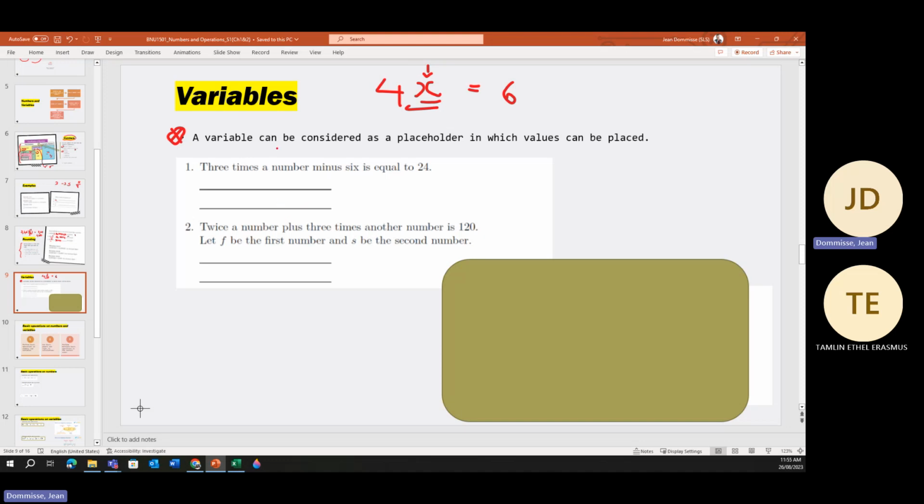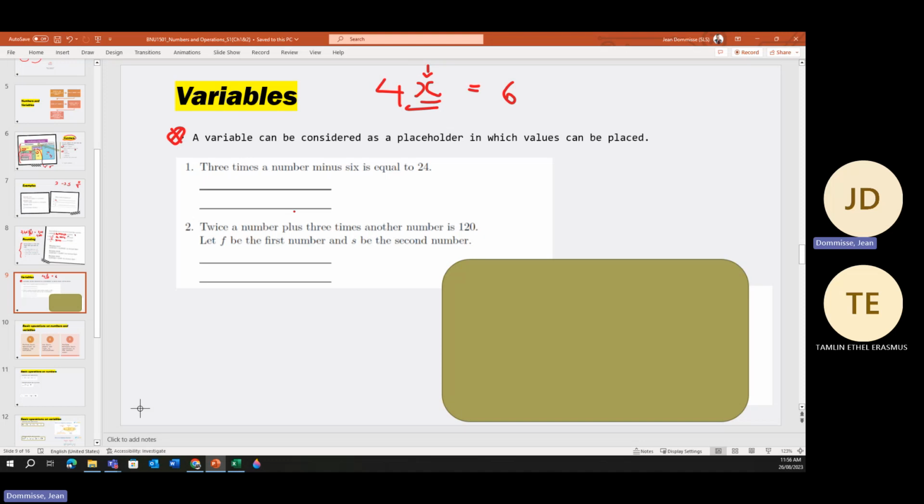So they can do it both ways, but most likely it will be in a story sum or word sum, and you need to write it as a function.